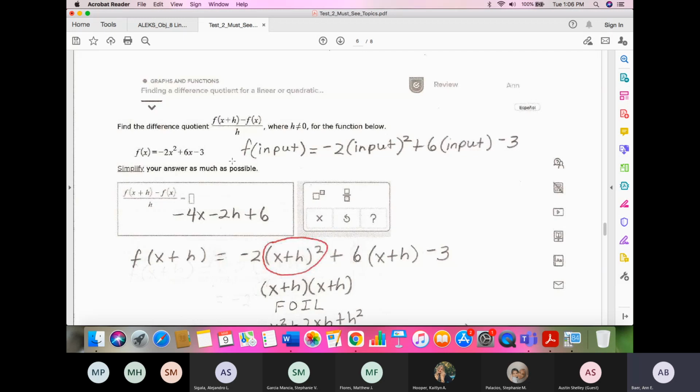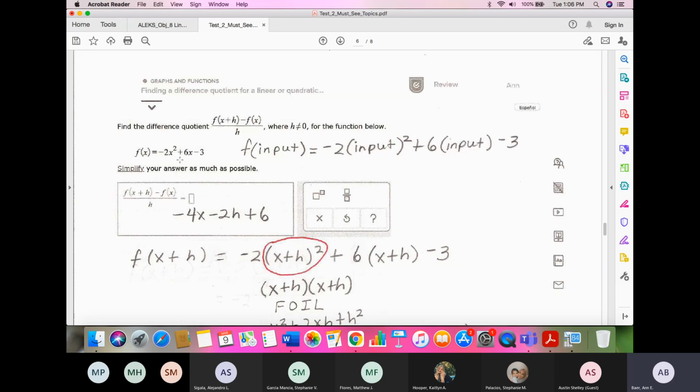Here's x again. I would write out the word input, put it in parentheses, and then square this x. Take the x and write x squared. So I would write negative 2. This x is just the word input. Put that x in parentheses and then square it like this.